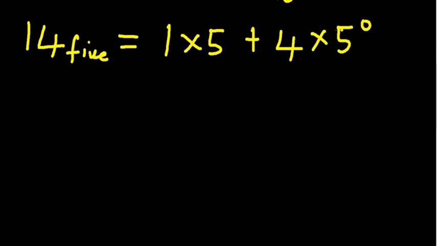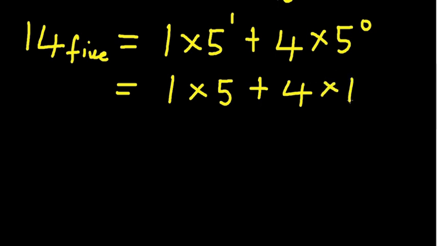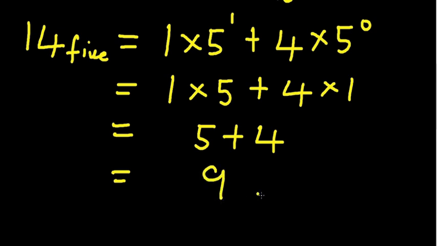Starting from the right, we have 0, then 1. 1 times 5 raised to the power 1 is 5. 4 times 5 raised to the power 0 is 1. So we have 5 plus 4. We have 9 in base 10.